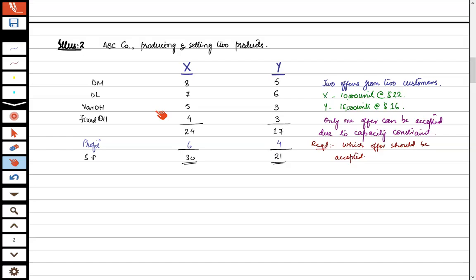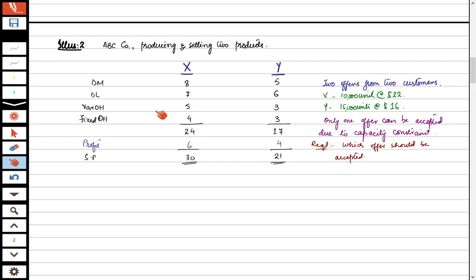So they should choose product Y. How? Okay, so for X, the sales is 220,000, and the variable cost is 200,000. So the CM is 20,000. But for product Y, the sales is 240,000, and the variable cost is 210,000.